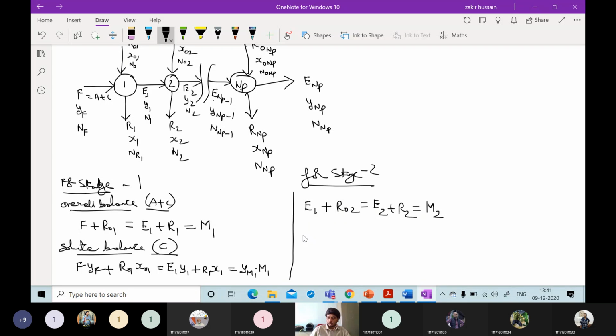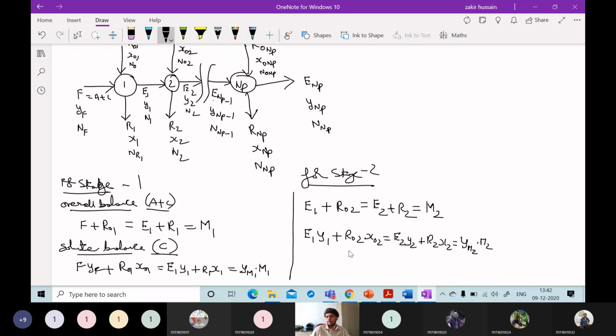Then similarly for the solute balance, for C it is E1 into Y1 plus R naught 2 into X naught 2 is equal to E2 into Y2 plus R2 into X2 is equal to YM2 into M2. So this is for stage 2.